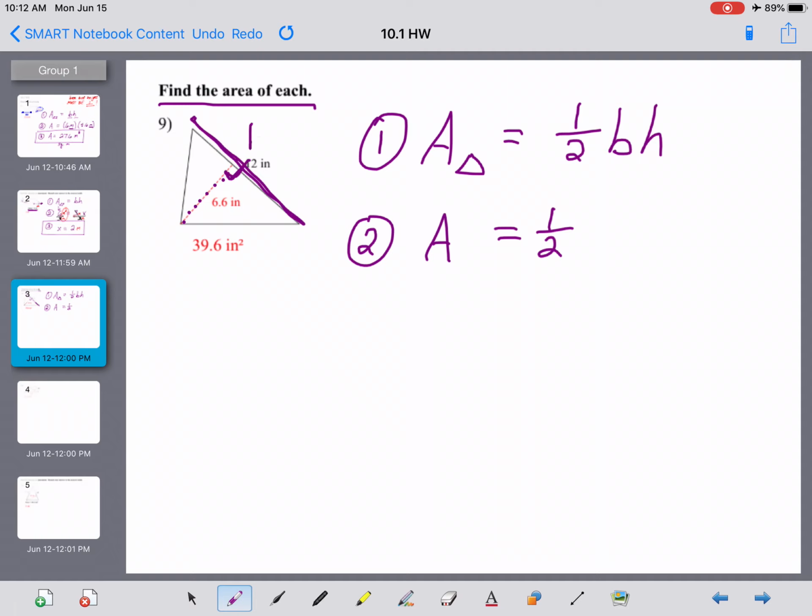So that means that this 12 here, if you think about flipping this sideways, is going to be your base, and that 6.6-inch side is going to be your height because they are perpendicular to one another. So we're going to put 12 inches here for base, and height perpendicular to it is 6.6 inches.